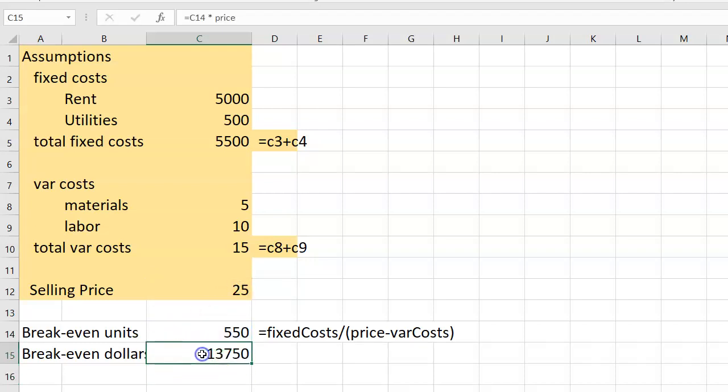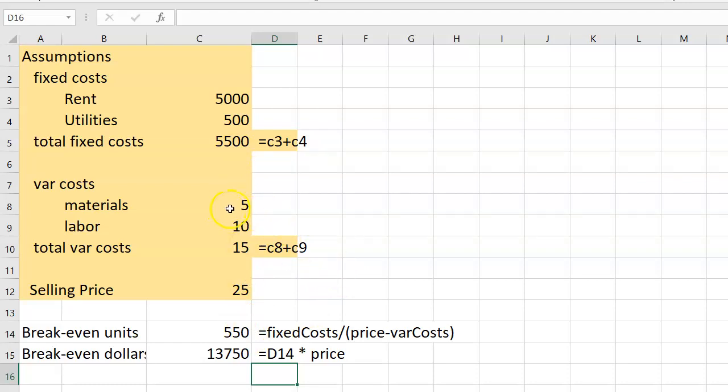So my break-even dollars is $13,750. Okay. So notice I have to sell with a relatively high fixed cost, low operating leverage, but I have high fixed costs. Now, let's suppose, though, it works the other way around.